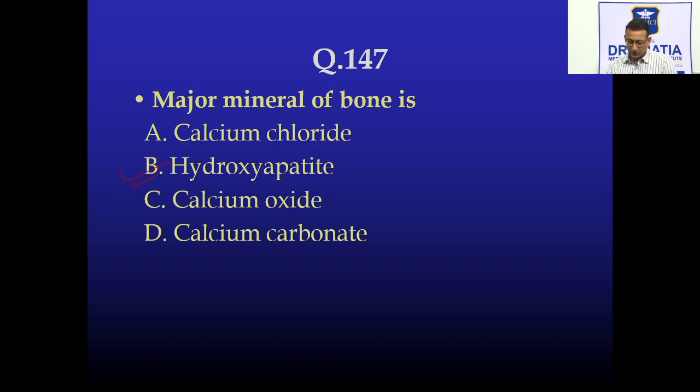We all know bone has got organic plus inorganic component. Inorganic components are basically calcium and phosphate, which occurs mainly in the form of hydroxyapatite. So the answer to the question number 147 is going to be B.